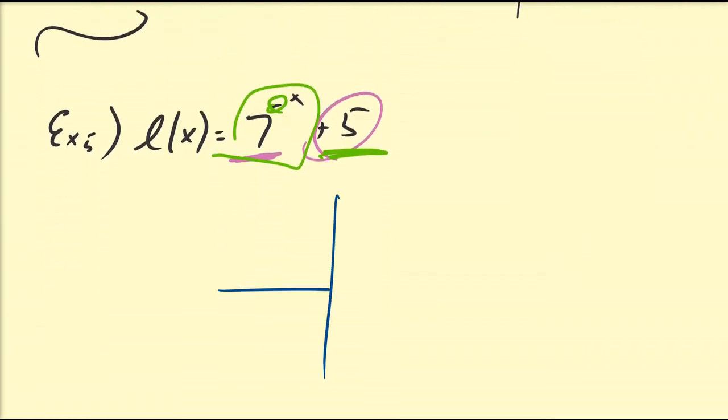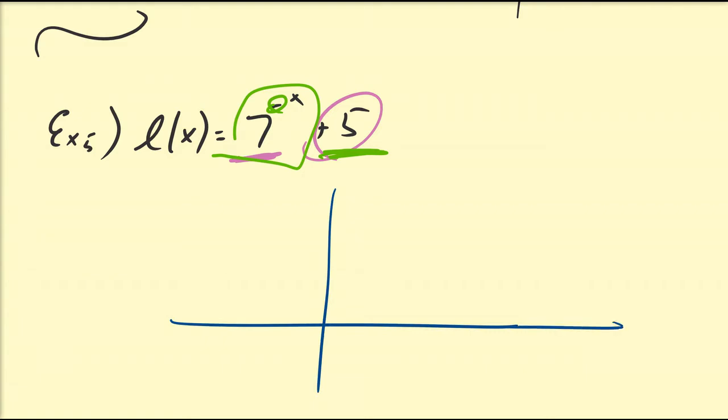So I'm going to take my curve, I'm going to actually move my x-axis down a little bit. So I'm going to have a horizontal asymptote of 5. 1, 2, 3, 4, 5. There we go. And I'm going to have an exponential decay above.